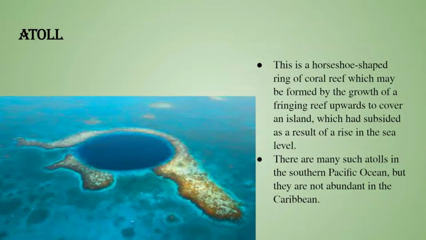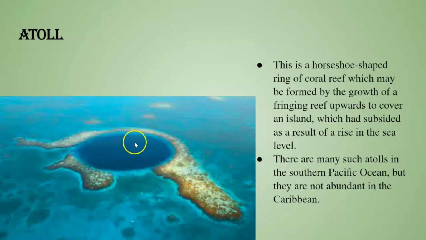Let's talk about the atoll. The atoll is a heart-shaped ring of coral reefs which may be formed by the growth of a fringing reef upward to cover an island which has subsided or as a result of rises in the sea level. There are many such atolls in the southern Pacific Ocean, but they are not abundant in the Caribbean. So here, it is presumed that there was once an island here that went under the water.